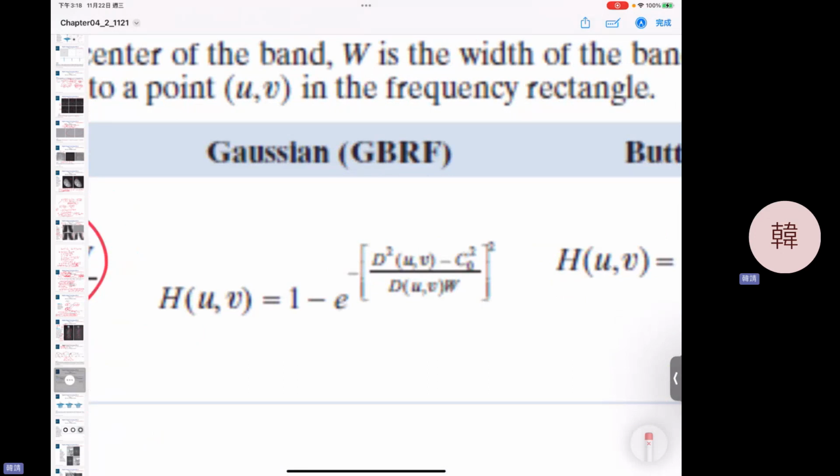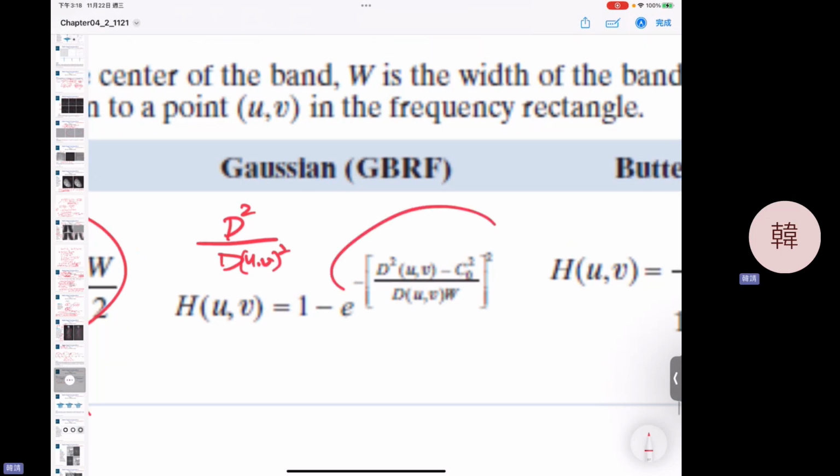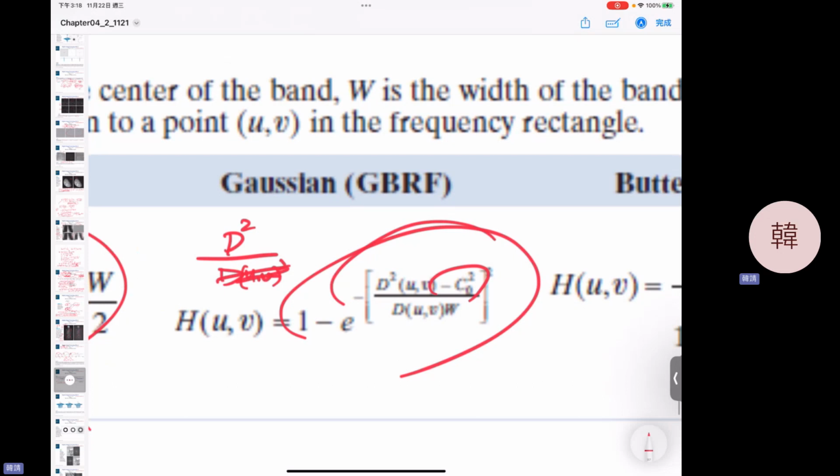The original traditional Gaussian filter should be e to the minus D squared(u,v) over 2 sigma squared. Now we change it to this format, changing this to C0 here, which means you shift the Gaussian bell shape to the right hand side.